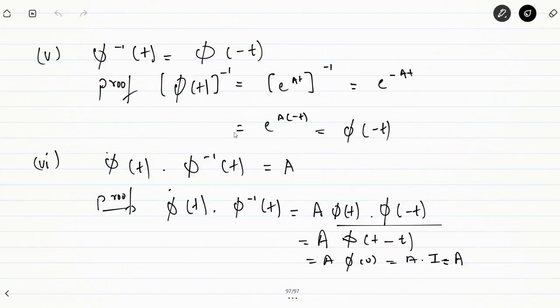Your fifth property is phi t inverse. You can also write this as phi t inverse is equal to phi of minus t. Right?